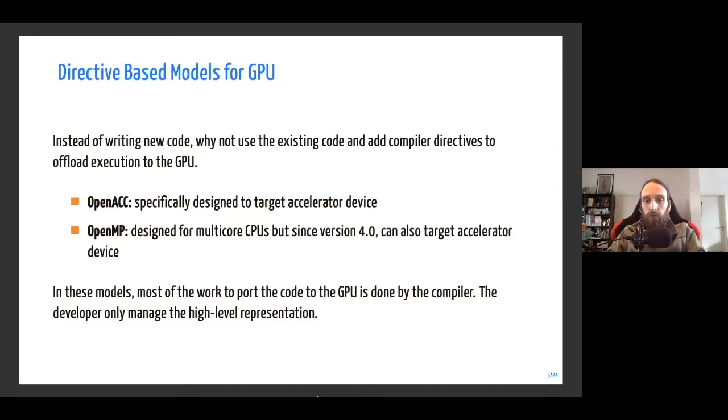It can also be an FPGA or a Knights Landing device from Intel, even if they tend to disappear. So both these models are designed to target accelerators. A GPU is an accelerator, but they're not limited to this kind of device.